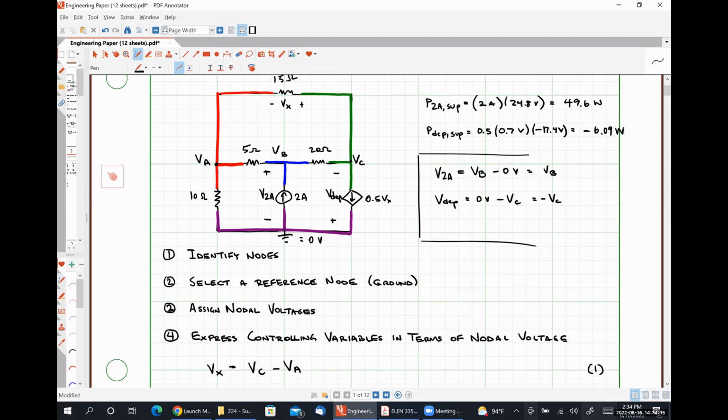All right. So what we're going to do now is analyze a circuit that contains a voltage source, because as you will notice, in this particular circuit, I only included current sources. Voltage sources are a little bit tricky, and I'll explain why. Okay.